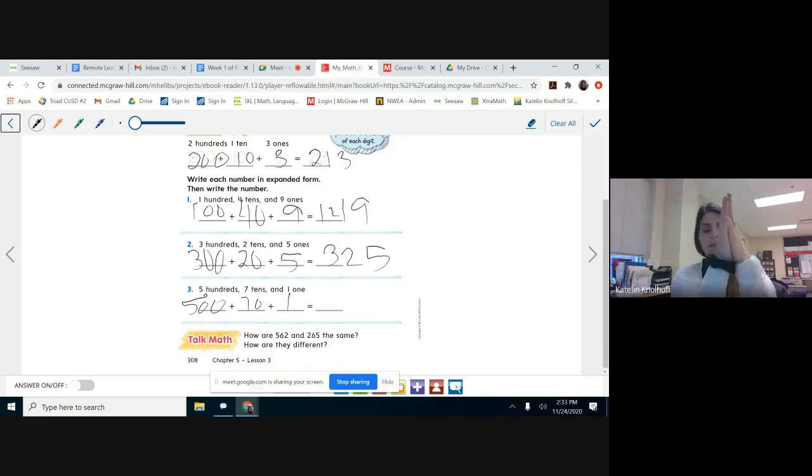And now we need to put it together. So the number that it would be, 500 plus 70 plus 1, would be 571. Again, all they're showing you is that the 5 stands for 500, the 7 stands for 7 tens or 70, and the 1 stands for 1.